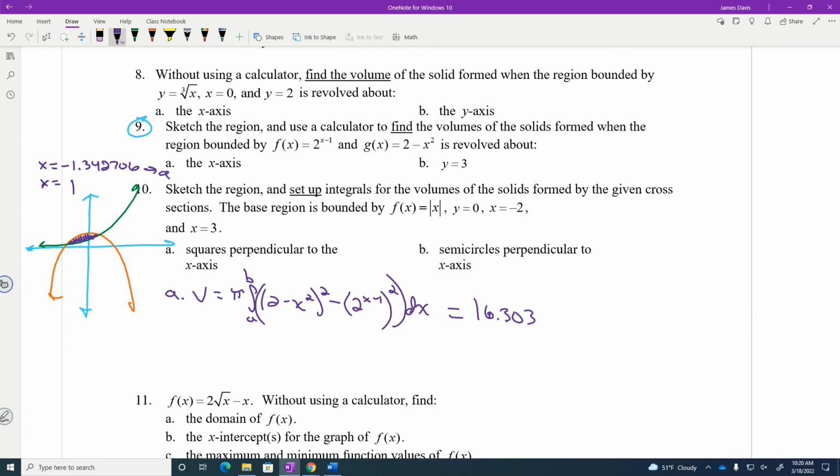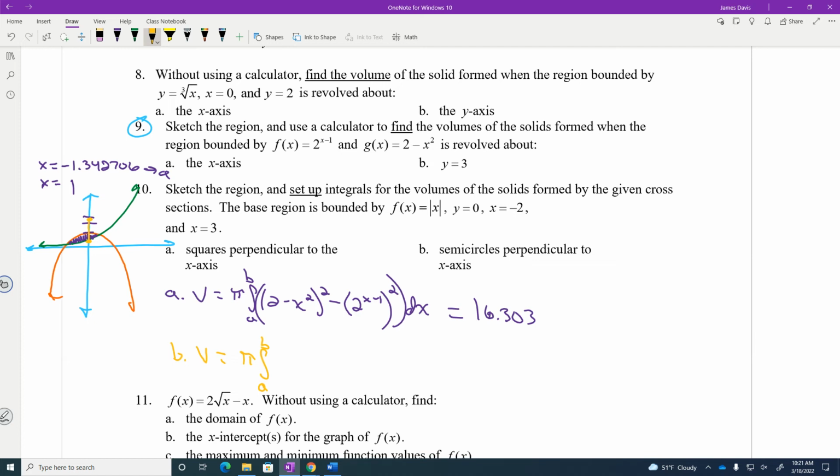And then the second one is revolve around y equals 3. So our setup there: the outer is going to be 3 minus the bottom function there.